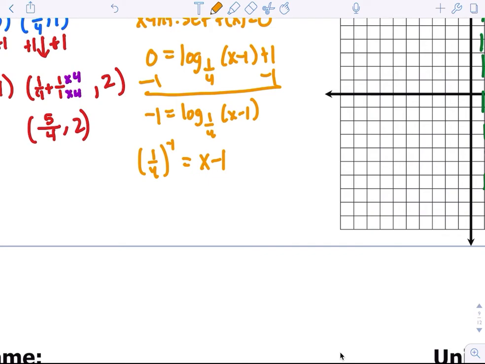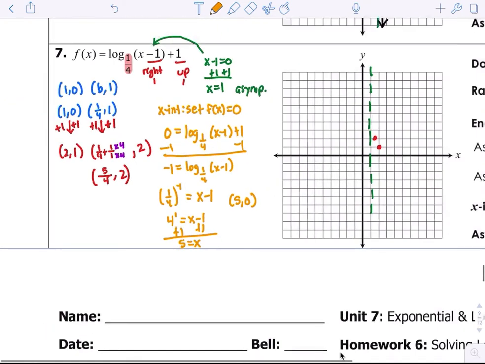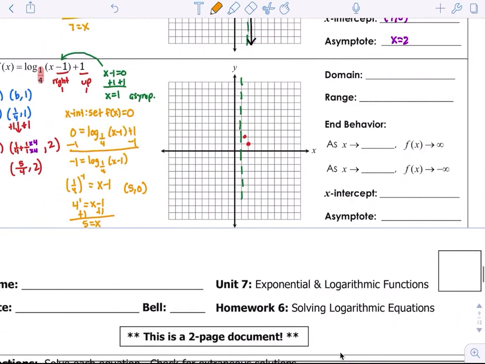So 1/4 becomes 4/1, which is simply 4 to the first. Add 1 to both sides. 5 is equal to x. So we're going to get (5, 0). So we have x equals 1 as the asymptote, and your x-intercept is (5, 0). I forgot to graph this, so your graph looks like that.